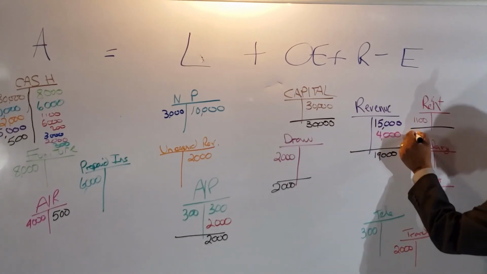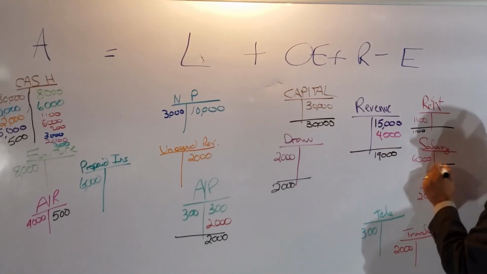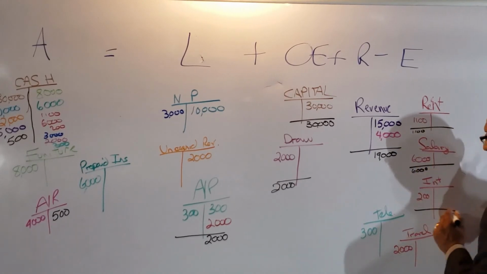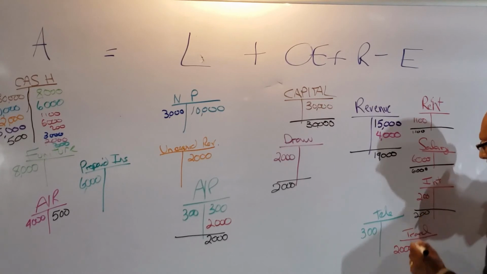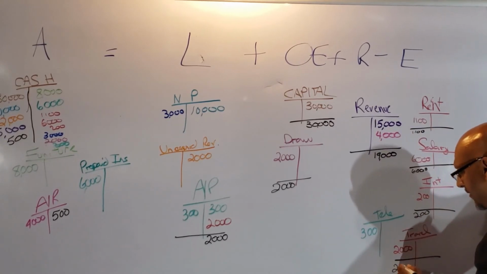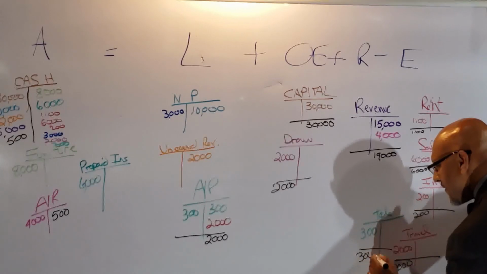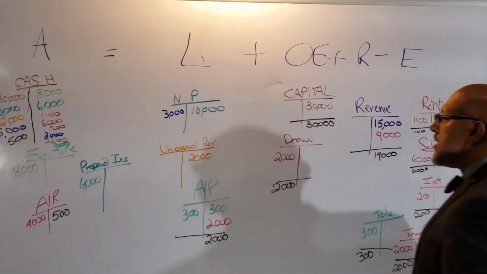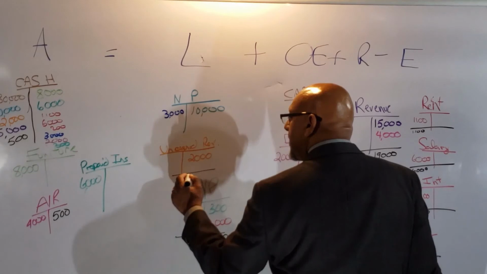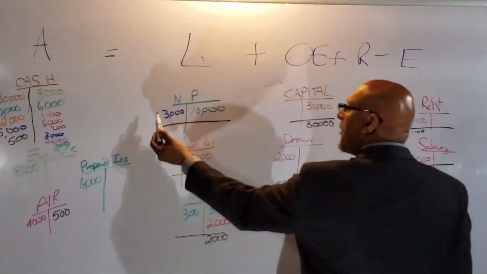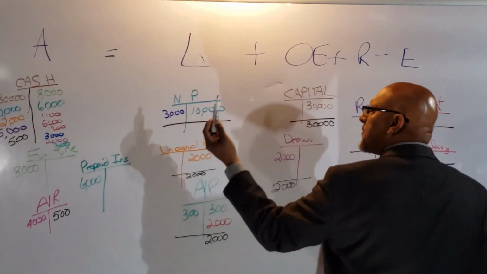Rent, easy, 1,100. Salary, easy, 6,000. Interest is 200. Travel is 2,000. Telephone is 300. Our unearned revenue is easy at 2,000. Our notes payable, we have 3,000 on the left, 10,000 on the right.